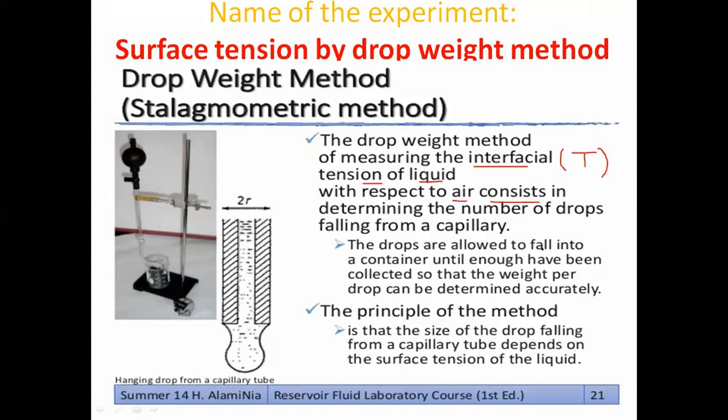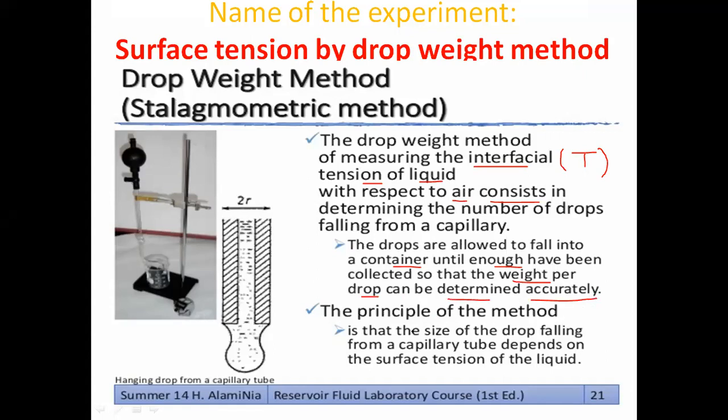The drops are allowed to fall into the container until enough have been collected. Here in our experiment, enough stands for 25 drops of water collected in the beaker, so that the weight per drop can be determined accurately.